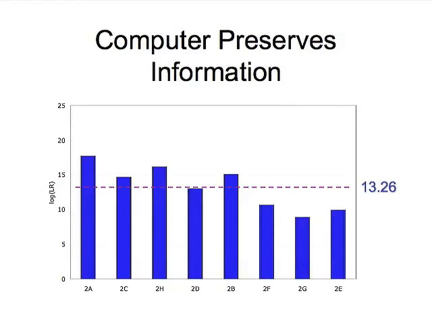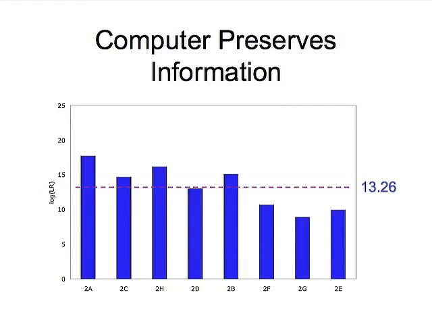On the x-axis are the 8 cases, and on the y-axis is the information, the likelihood ratio, the match statistic, expressed as the number of zeros. So, for example, this is 15 zeros, or a quadrillion. And the average is 13 zeros, or 10 trillion, over the cases.